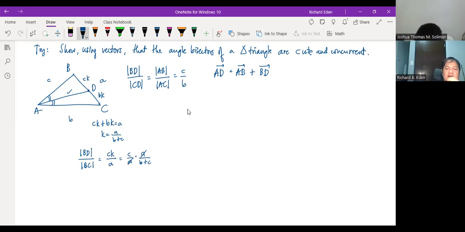So that means this is C over B plus C. So what I'm comparing are segments BD compared to BC.